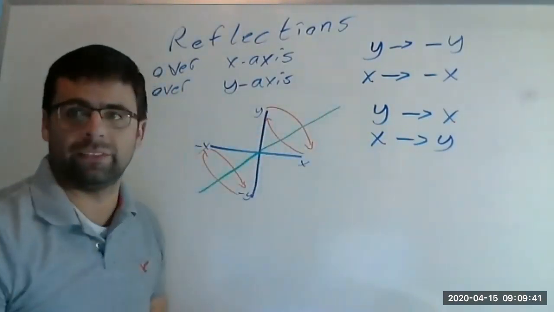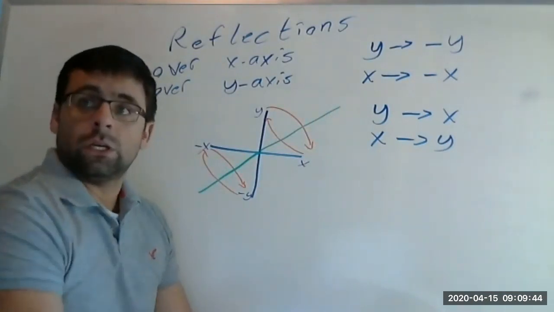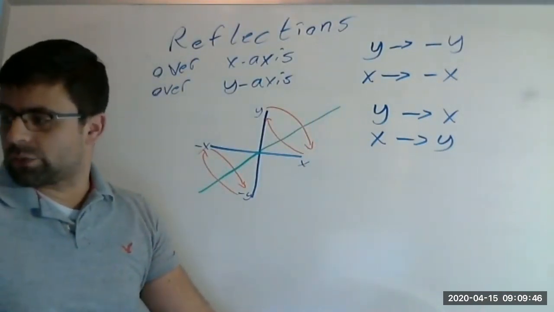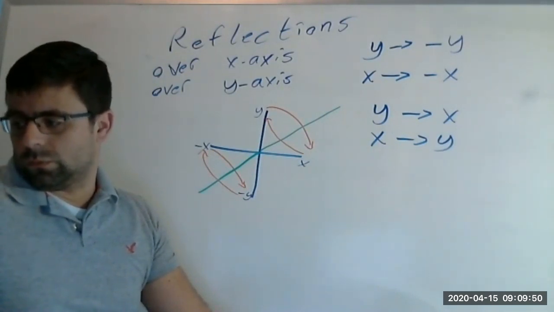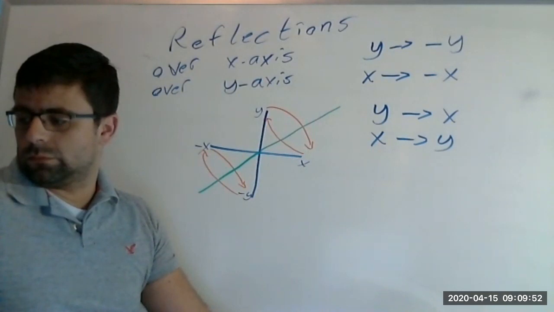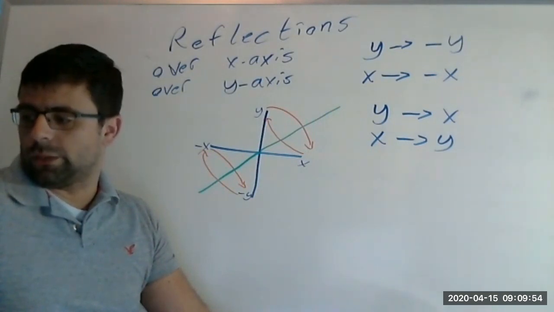Where we ended off last time. That green line, what is it? What's the function for it?